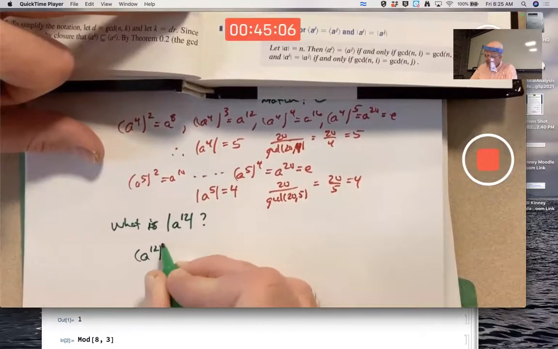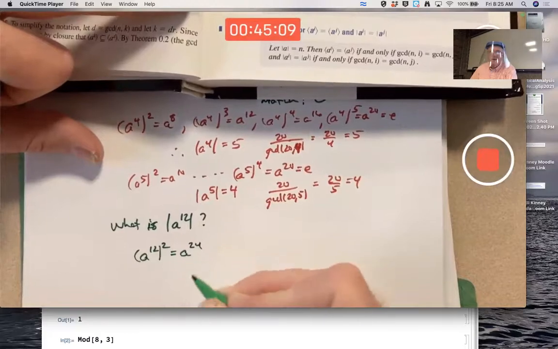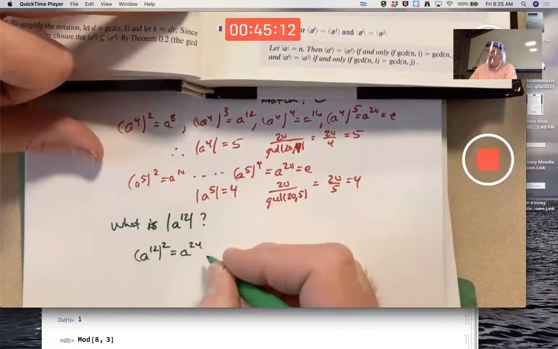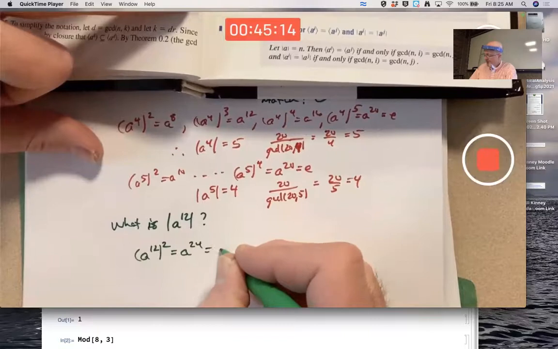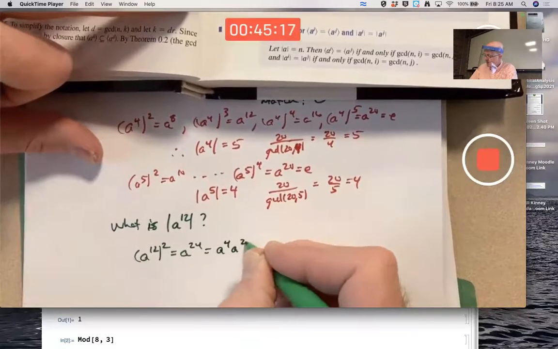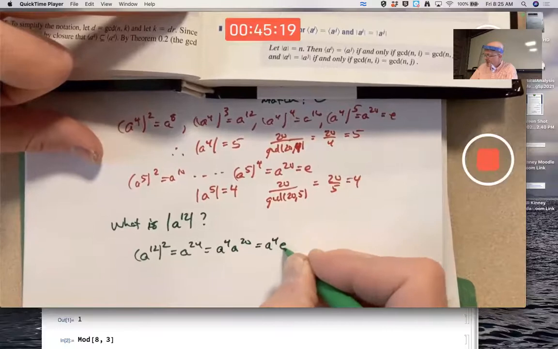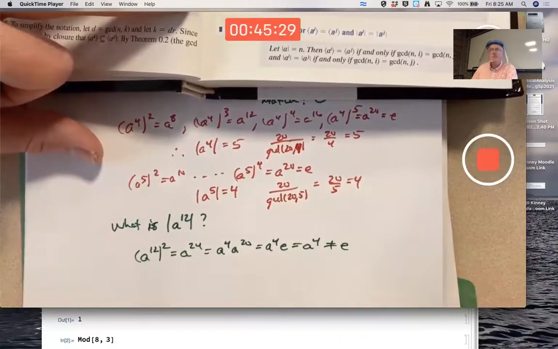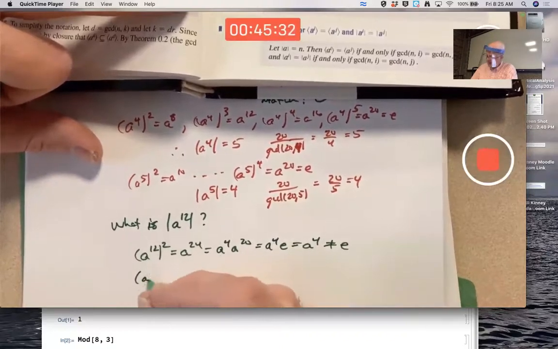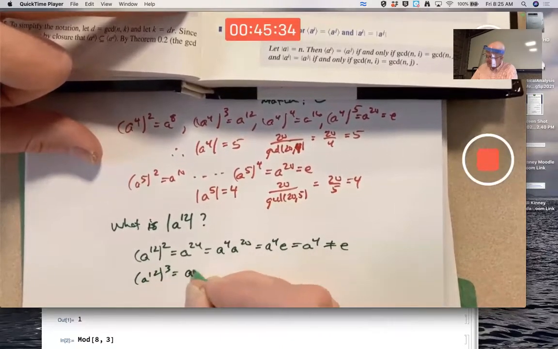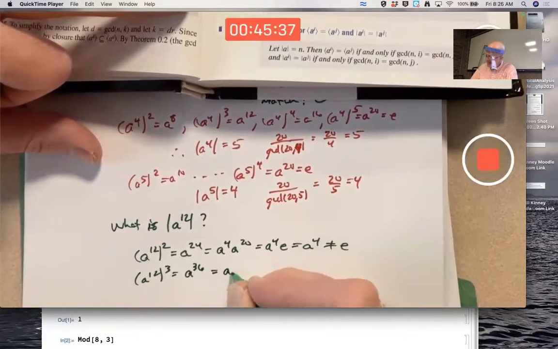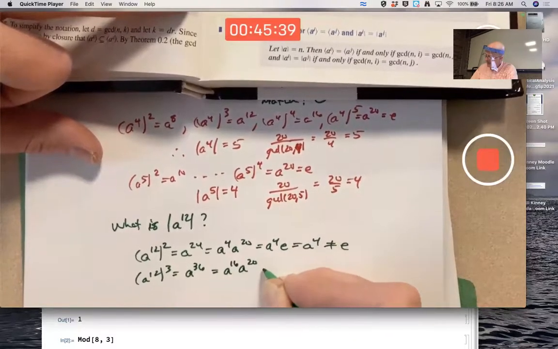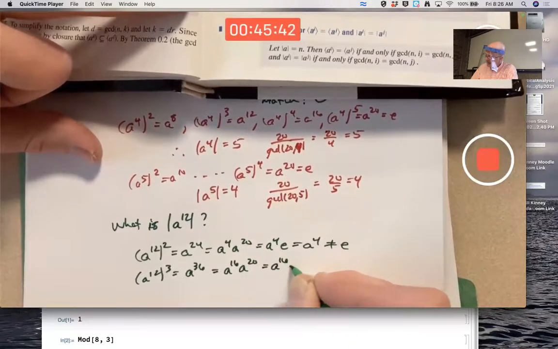A to the 12th squared is a to the 24th, which, since a has order 20, you'd want to think of as a to the 4th times a to the 20th. A to the 4th times e is a to the 4th. It's cycled back to a to the 4th, not the identity. A to the 12th cubed is a to the 36th. Think of that as a to the 16th times a to the 20th, a to the 16th times e.